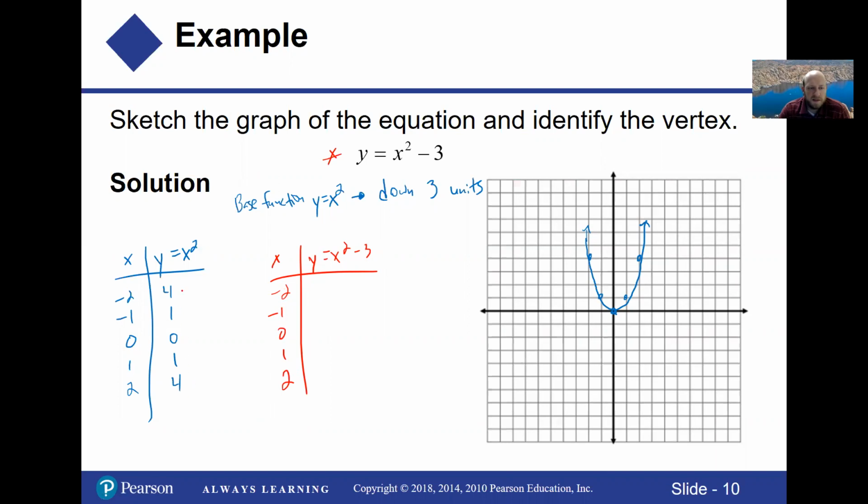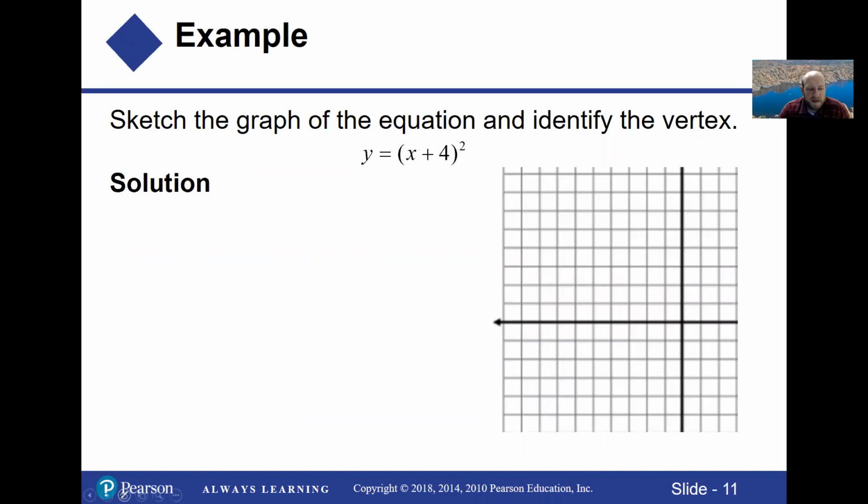So take all these values and subtract 3 from them: 1, -2, -3, -2, and 1. Graph those points. Each is shifted down by 3, and that's the graph of y equals x squared minus 3. We're taking all of these points and shifting them down 3.